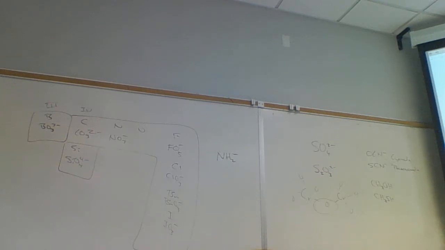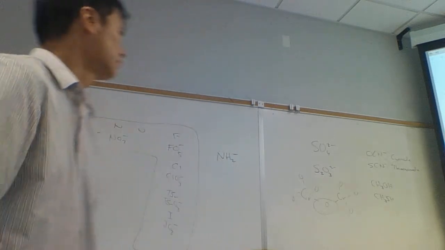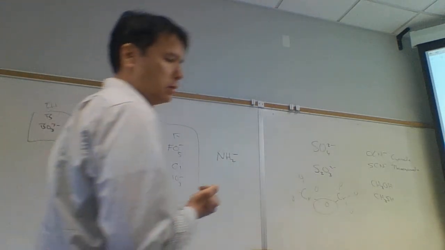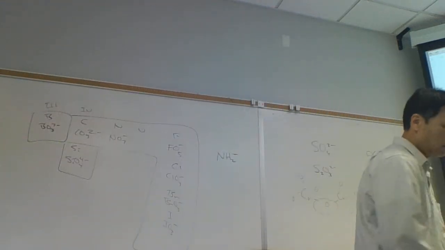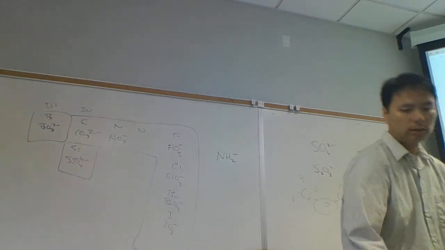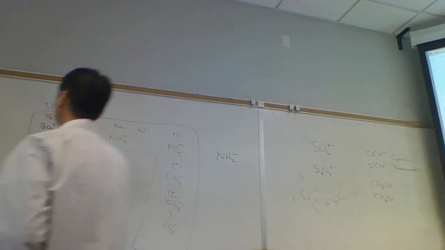I just posted this yesterday, so I don't know if anybody has tried. Do you want me to do it for everybody, or do you want to try it on your own? We could cover it Wednesday, but anyway, I'll just do this one here.